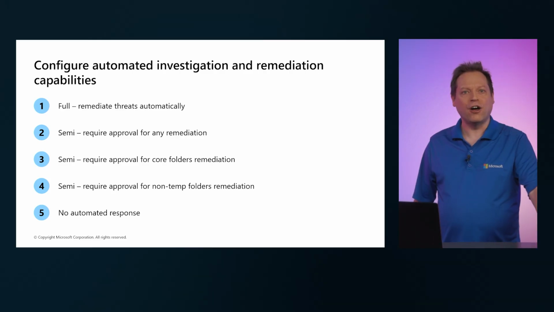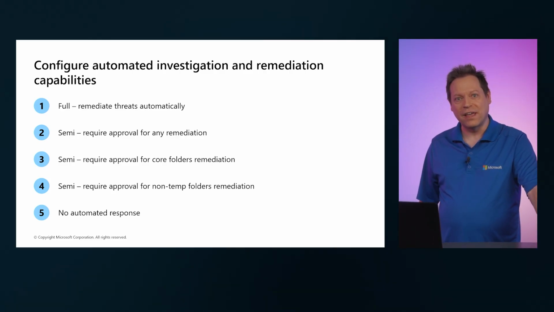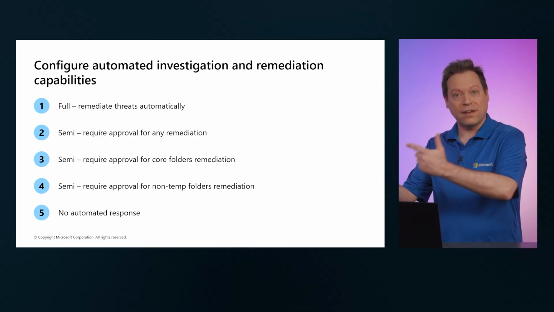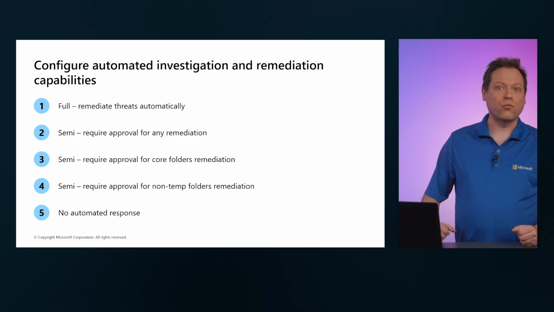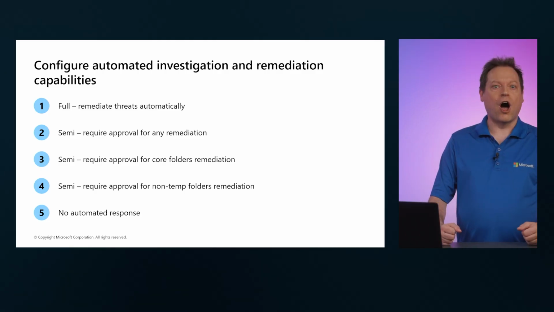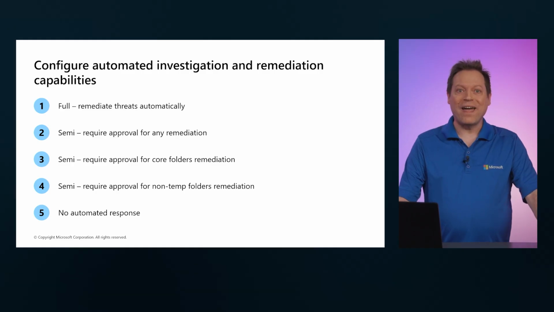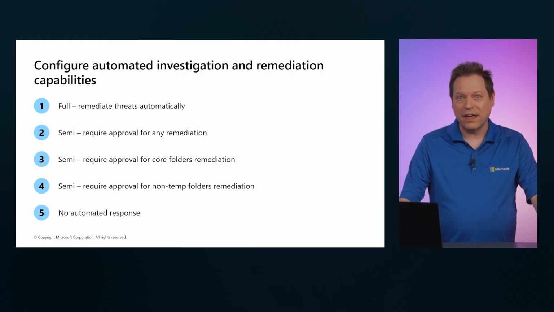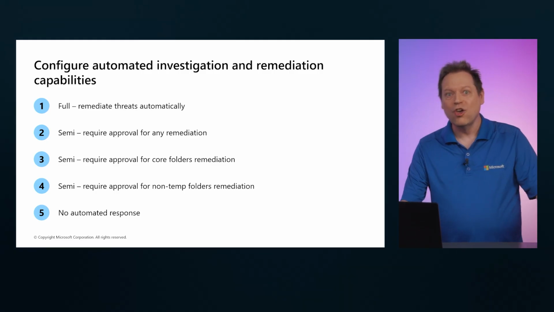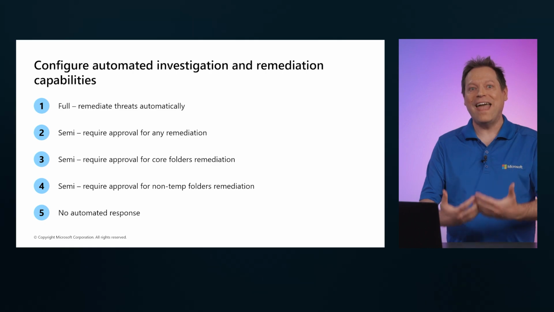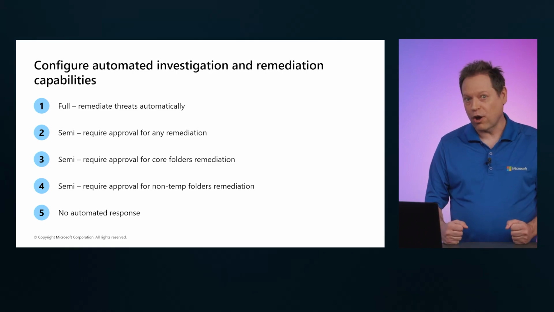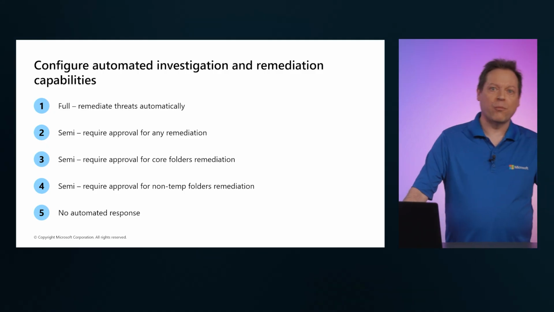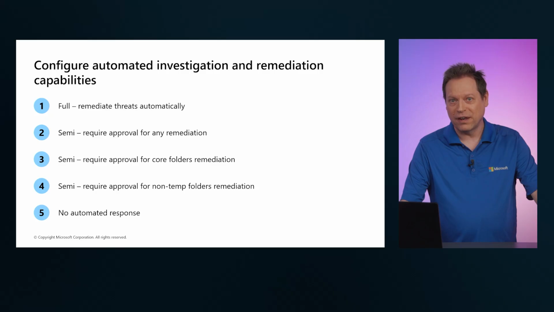Now let's take a look at automated investigation and remediation level. This is how you decide what the system can fix on its own versus what requires approval from us. Options include full, where threats can be remediated automatically, and several semi levels where approval is required, such as requiring approval for any remediation, requiring approval for core folder remediation, or requiring approval for non-temp folder remediation.